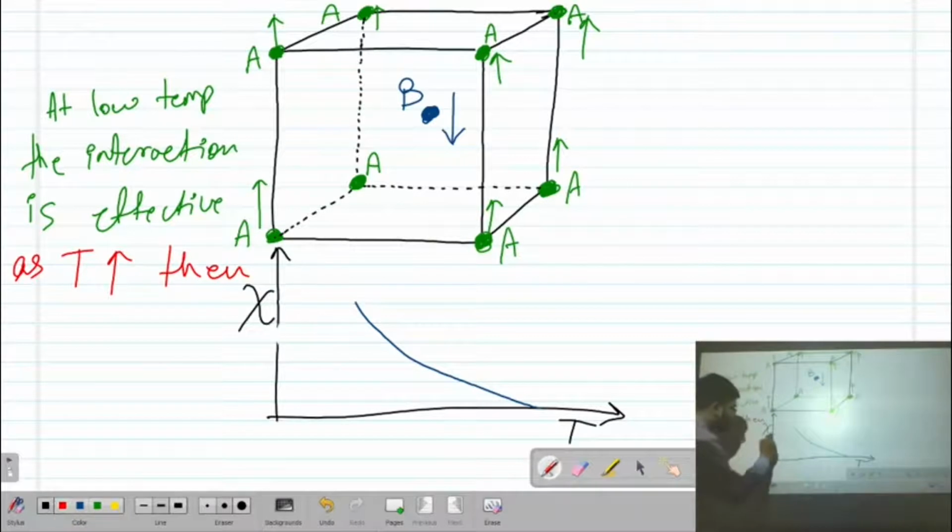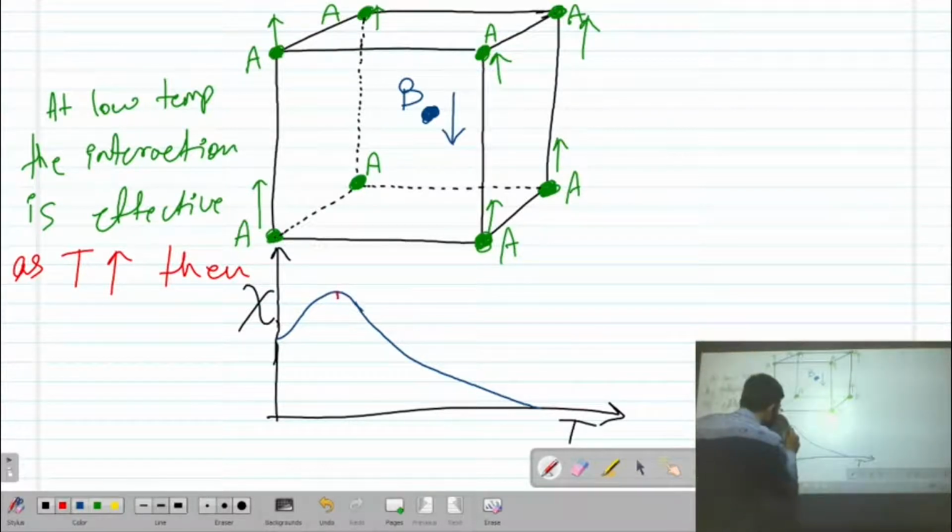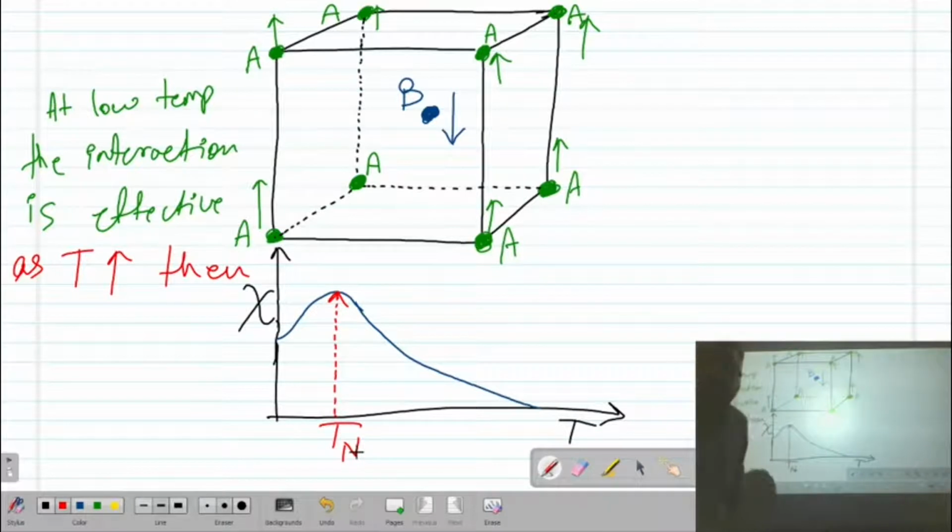It's my mistake. Right over here, this is the Néel temperature. This is the Néel temperature point. This is T of N.